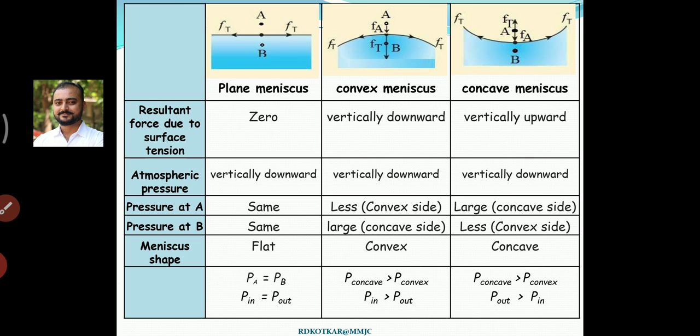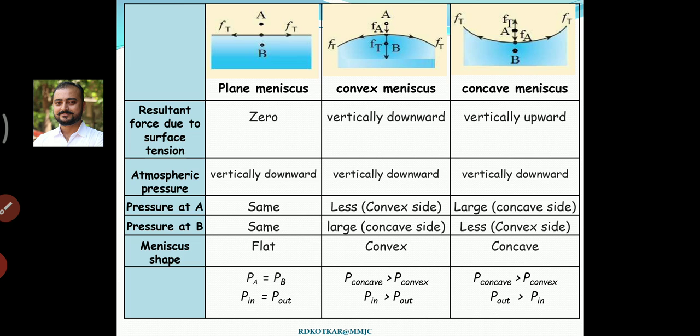But in case of convex it is less and greater. Towards the convex side it is less, and towards the concave side it is larger. Similarly here, in case of concave meniscus it is larger along the concave side and smaller along the convex side.